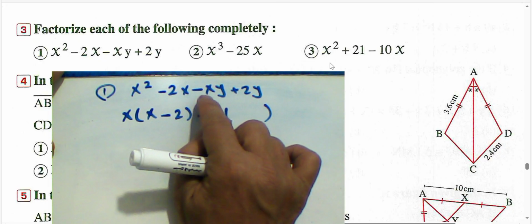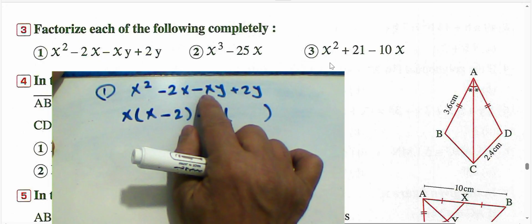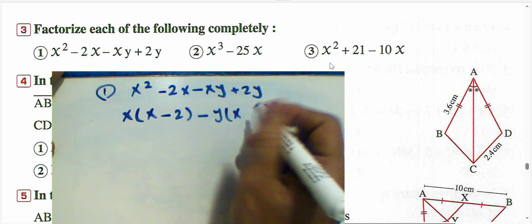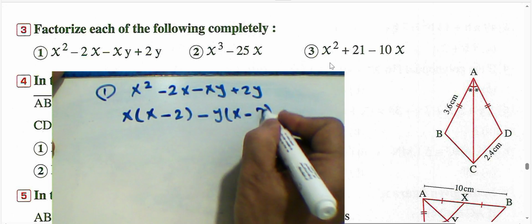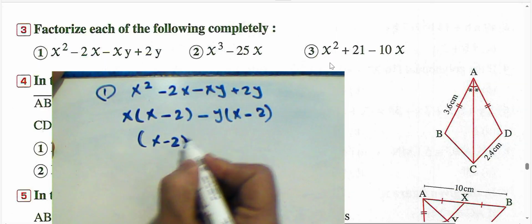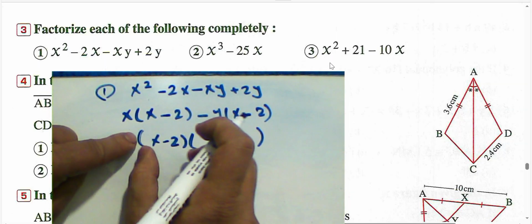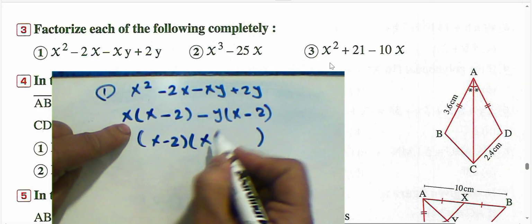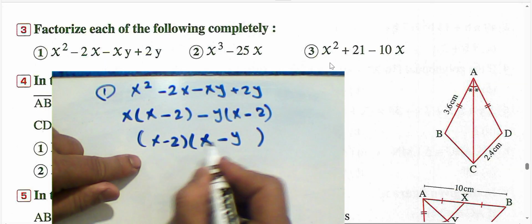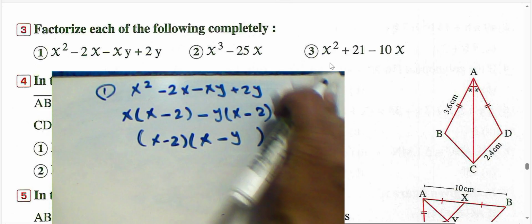Understood? Why negative? Because negative xy divided by negative y equals positive x. Positive divided by negative equals negative; 2y divided by y equals 2. So if we have similar brackets here, you can repeat it. X minus 2, and this expression divided by this bracket, the result will be x. And this expression also divided by x minus 2 equals y. Then x minus 2 times x minus y in the simplest form.